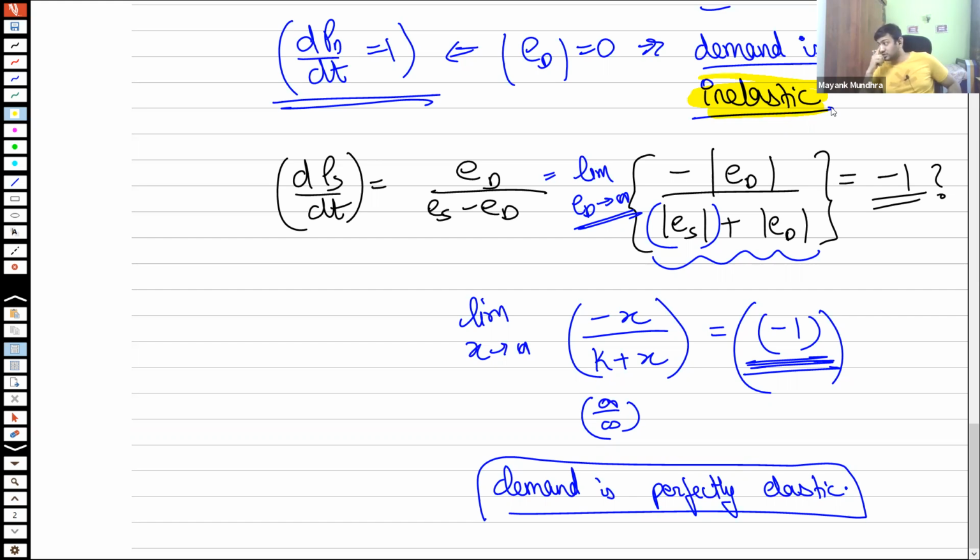For everything else, a little elasticity will be there. You won't see ED equals zero except in the case of medicines. In that case, the suppliers have the complete power. But in case of ED tending to infinity, it is the consumers who have all the power.